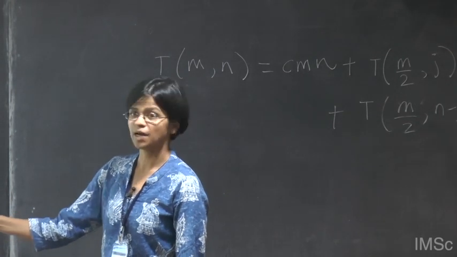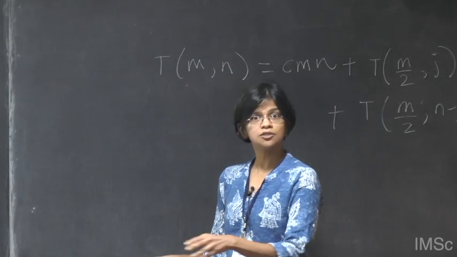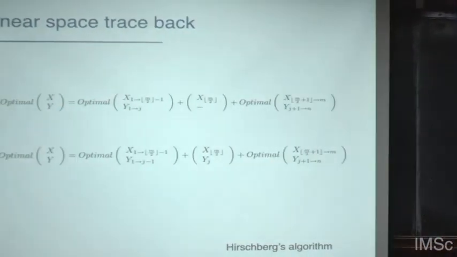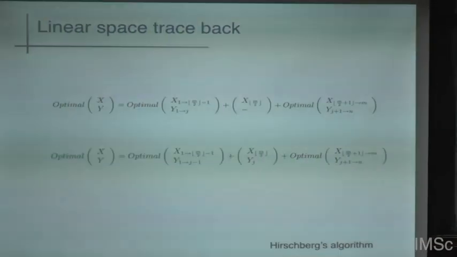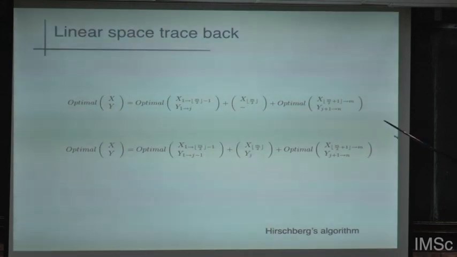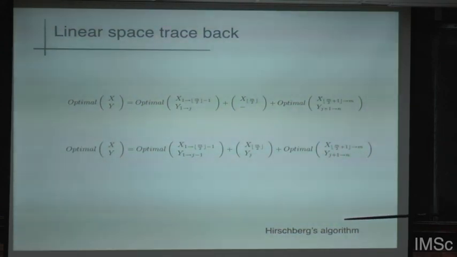This would be the score of matching plus the score of that plus score of this. All this you can do in order n time and mn to get the optimal, right? So you can do that part in some constant times mn time. And then you have to do the same operation again. So you understand, if you find the j, that's how you are figuring out the alignment.